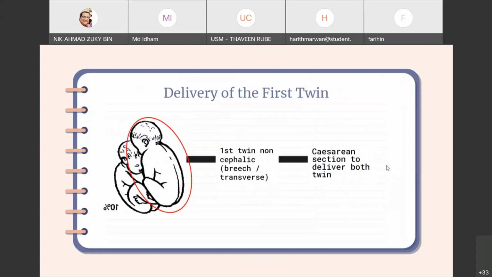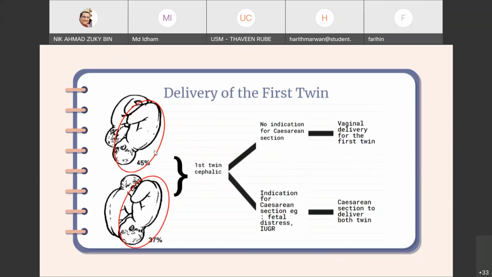Okay, so we will talk about the delivery of the first twin first. If the first twin is non-cephalic, which is breech or transverse, normally cesarean section will be done to deliver both twins.